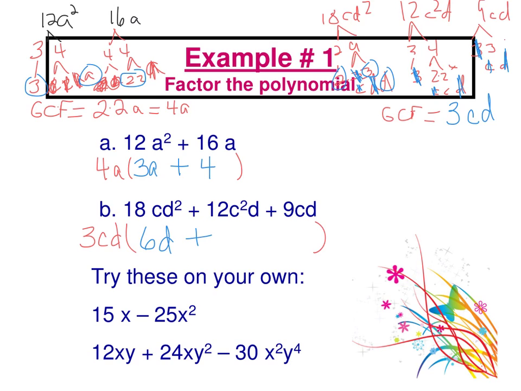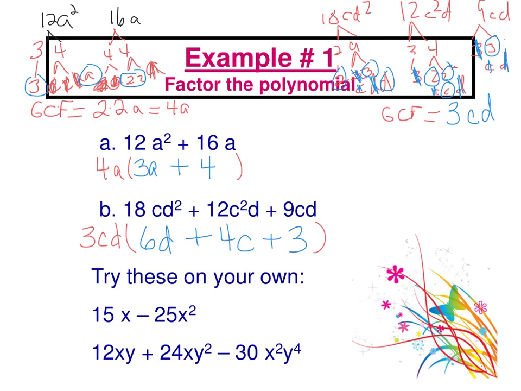Then I bring down my sign. In my second one, I have a 2 times 2 times c, so I have a 4c left over. When I bring down my sign, always keep that same sign. And in my third factor tree, all I have left is a 3. So here's what it looks like with the GCF factored out.